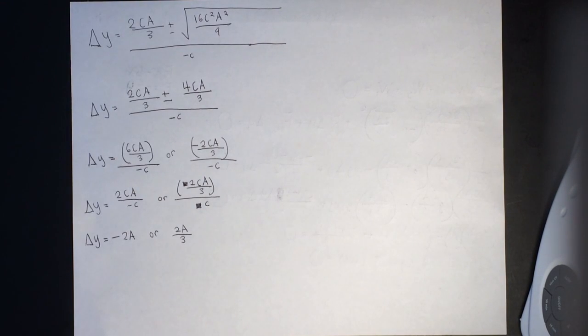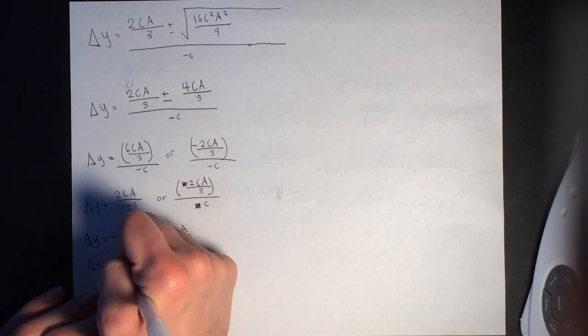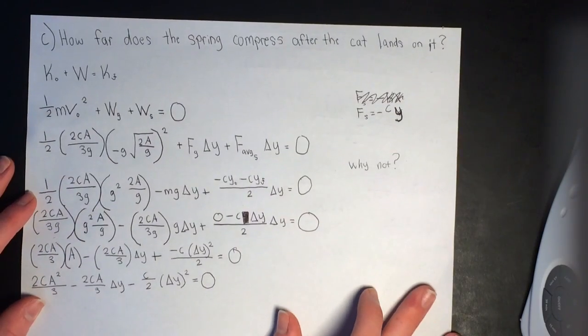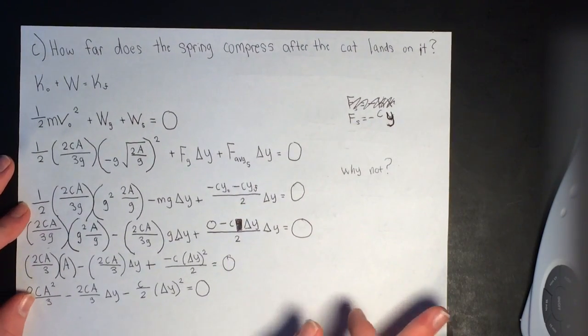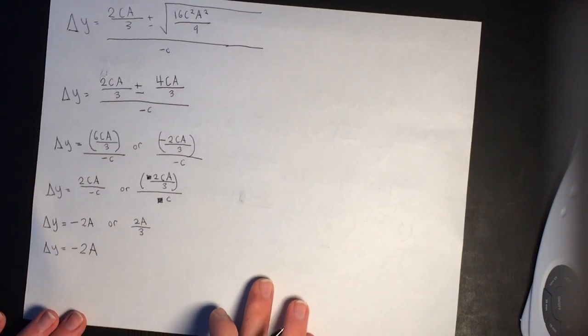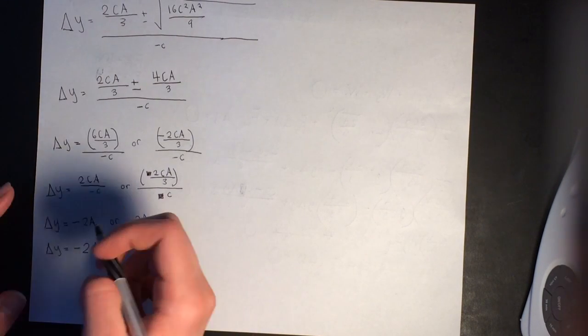Okay, so now we know that delta y is equal to negative 2a. And this is a little technicality, but the question was, how far does a spring compress? And since compression already implies negative, saying that the compression is negative would be a double negative.